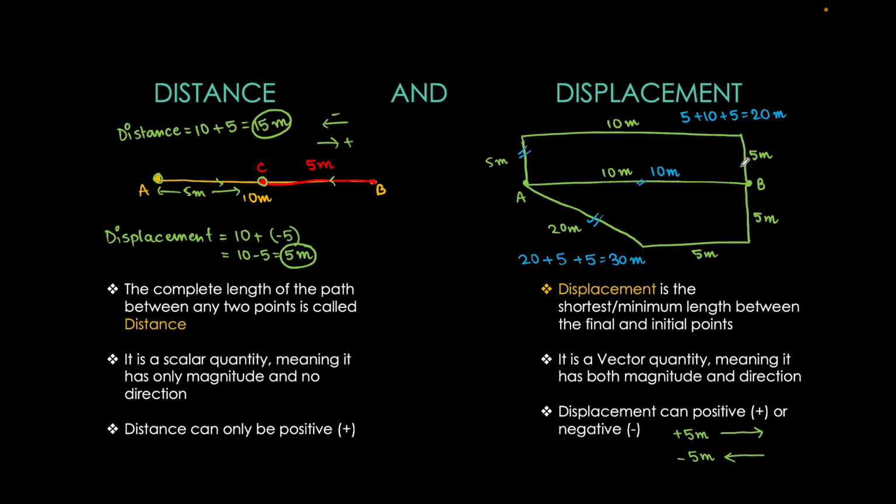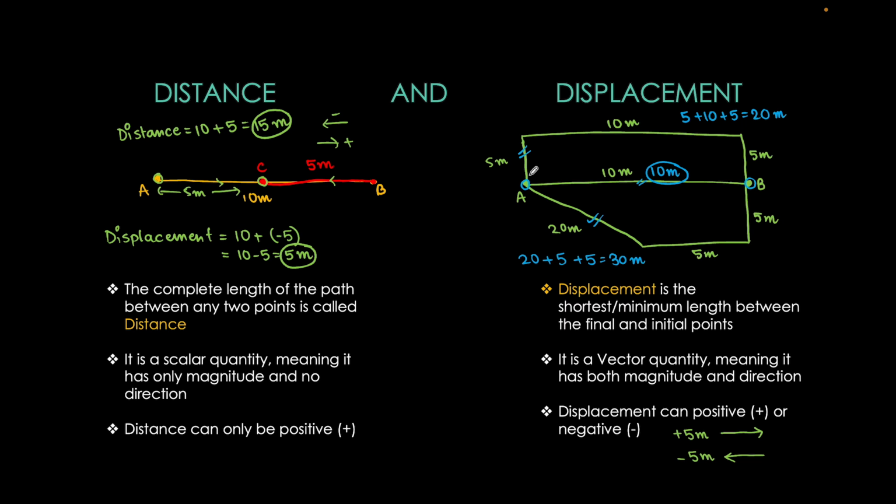So we can see that to reach from point A to point B, a person can take numerous paths, right? And the distance traveled in all those paths is different as well. But the displacement between point A and point B will always be 10 meters. If a person has traveled directly from A to B in a straight line, the distance and displacement of the person are the same.